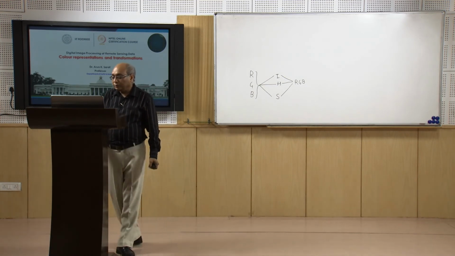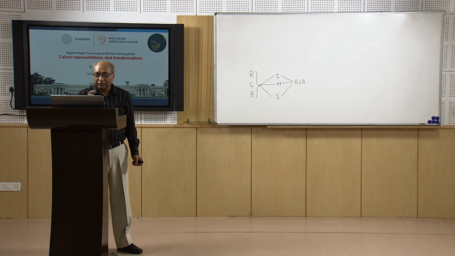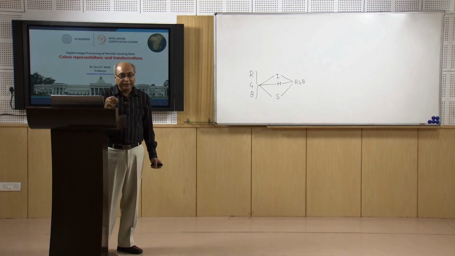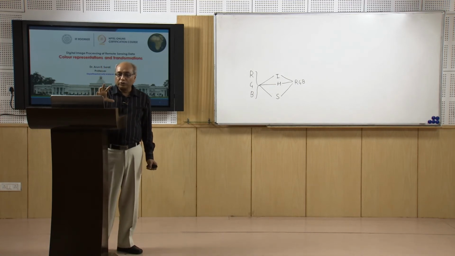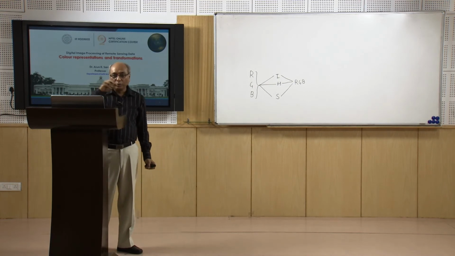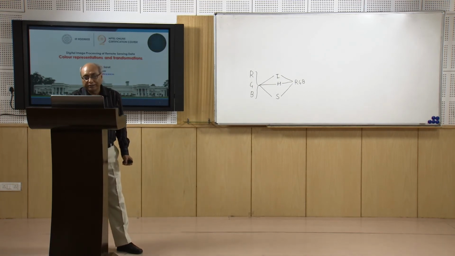When this splitting is done, initially you had red, green, blue, and now you have created three new channels, which are intensity, hue and saturation. Remember the base of the cone which we took out of the 3D cube.